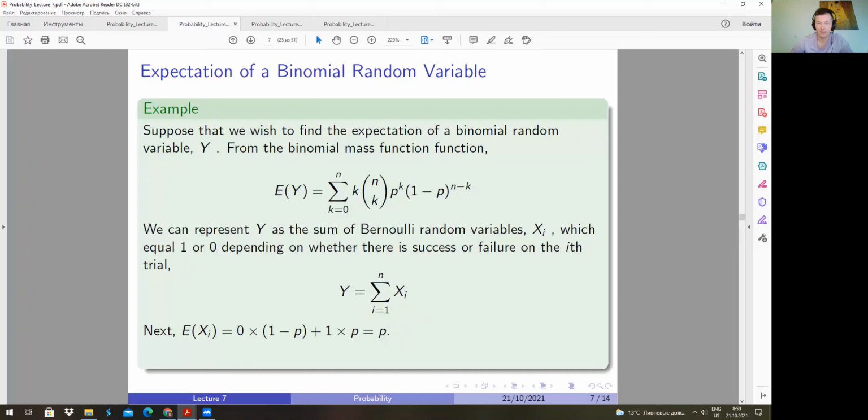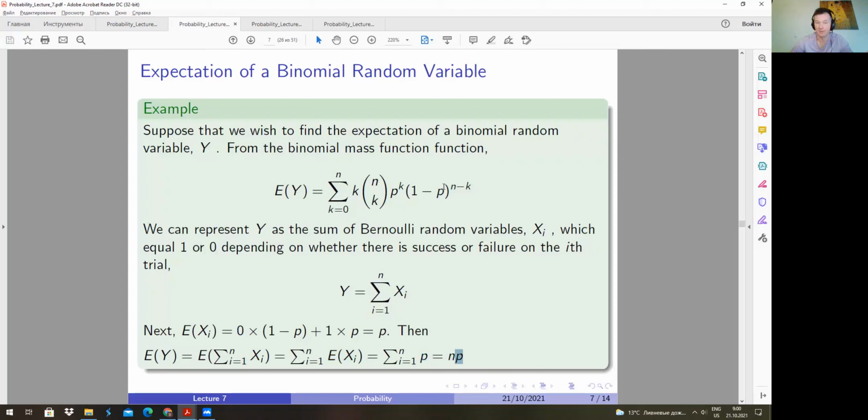And now I'm able to calculate the expectation of Y, which is just the expectation of a sum of these variables. This is the sum of expectations of X_i, and each expectation of X_i equals p. So I need to sum p over n times, and this is np.